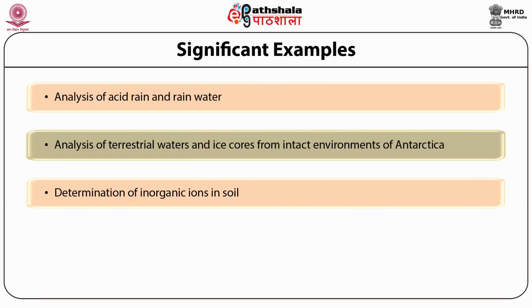Determination of inorganic ions in soil. The determination of inorganic ions in soil is a vital ability to analyze the toxicity of metal ions in soil, solid waste, and sludge.